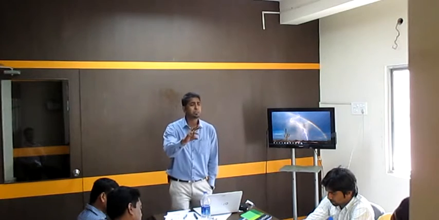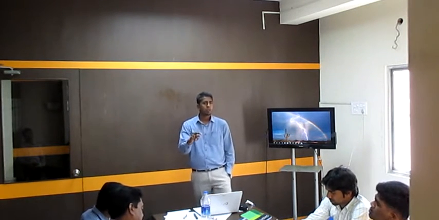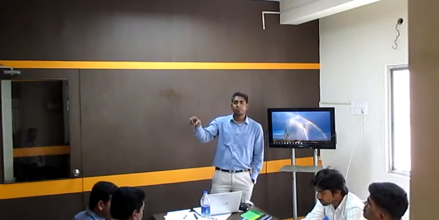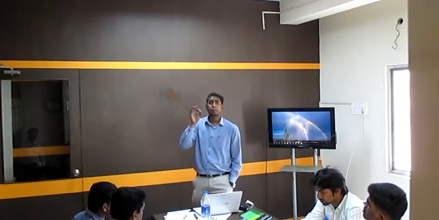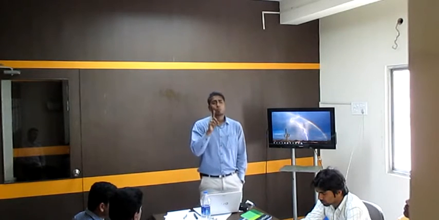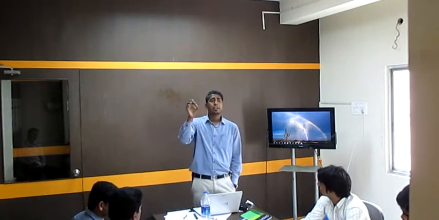Because we have two temperature markers with us. What are these two temperature markers? 113 and 130. 113 Fahrenheit will cause pulpitis, that is inflammation of your pulp, and 130 Fahrenheit will cause pulpal necrosis.